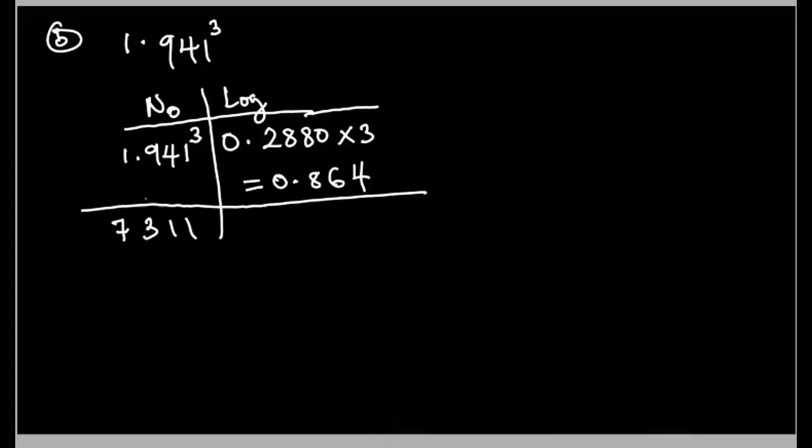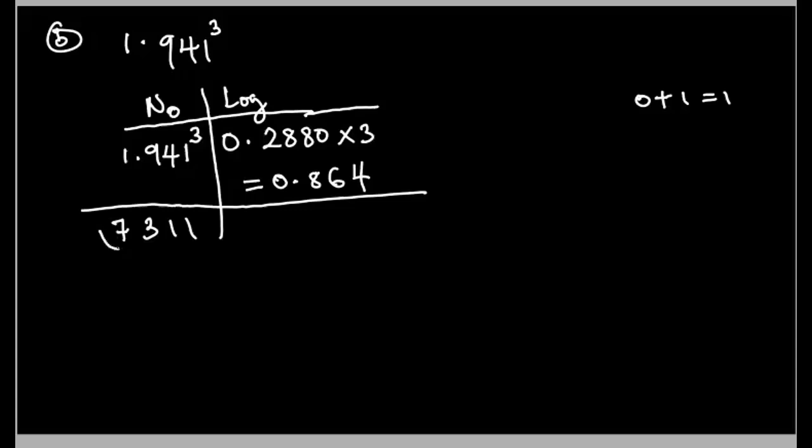And so once you're done with that, now look at the whole number here. The whole number is 0 here. So as we always know, for anti-log, in our whole number, we always add an extra 1 to the whole number. So when I add an extra 1 to 0, I will have 1. So meaning that I will move my decimal 1 time forward from the left towards the right.